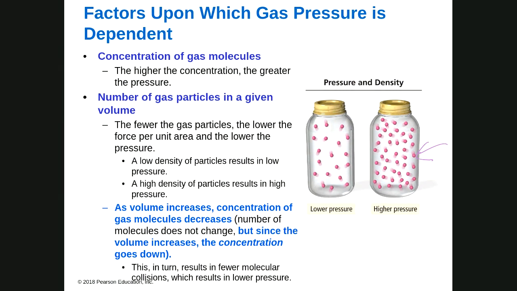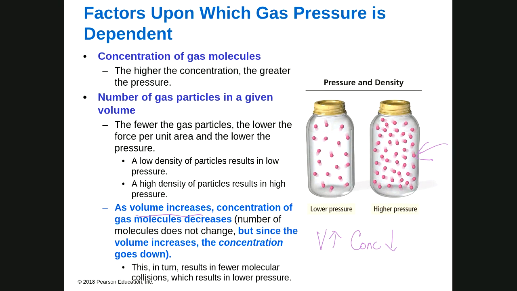As the volume increases, the concentration of the gas molecules decreases, because the volume increases and the concentration goes down. So as you increase the volume, you're going to decrease the concentration because you're going to spread them out farther from each other.